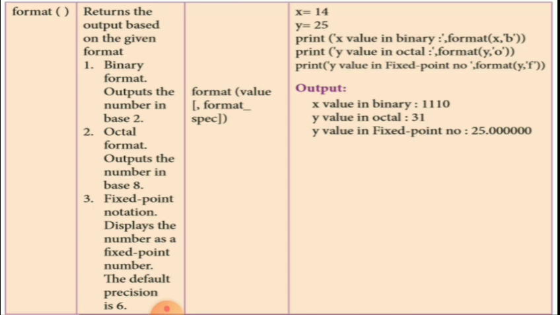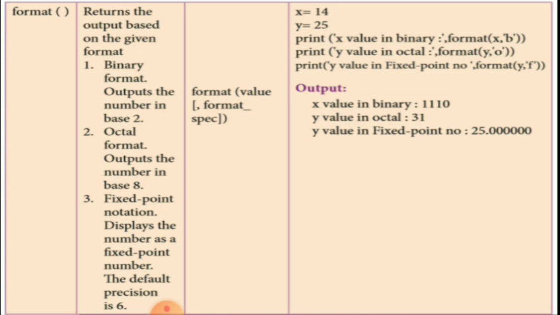Next, format. It returns the output based on the given format. Already we went through the bin function. Here we can convert the given value into binary, octal or fixed point, and we can specify the particular format. Within the syntax you can notice format, the exact value, comma, format specification.